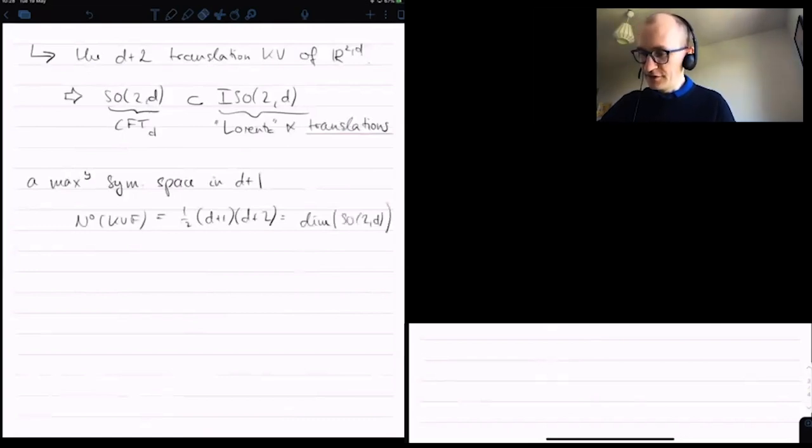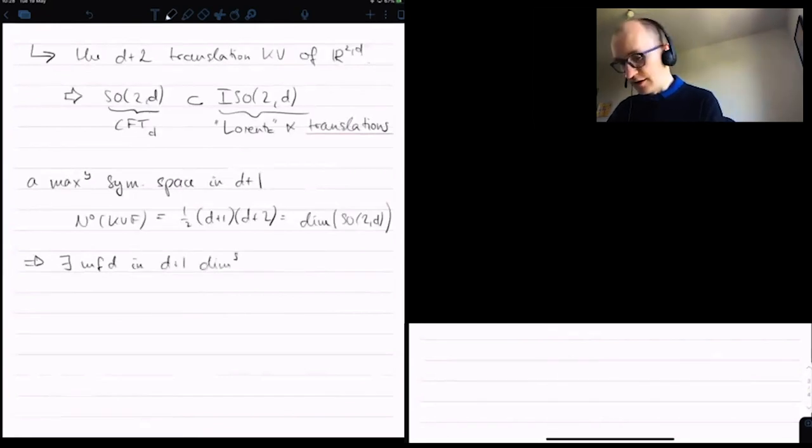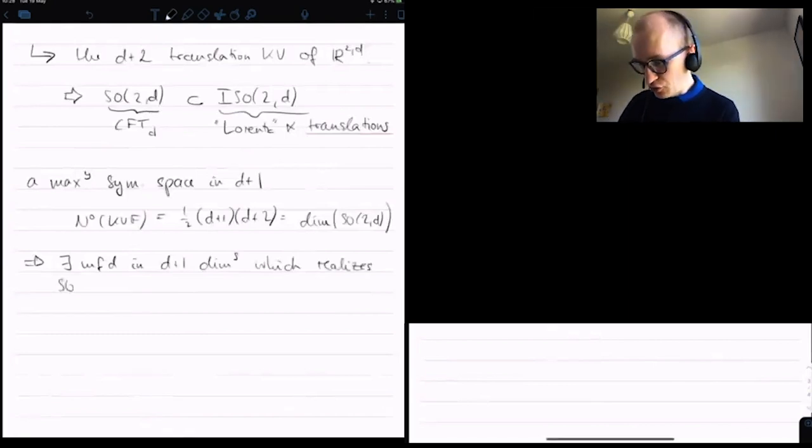So this suggests that there is actually some manifold in d+1 dimensions which realizes SO(2,d) as isometries.